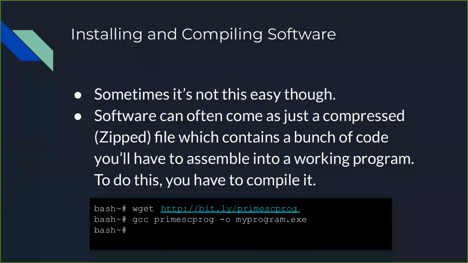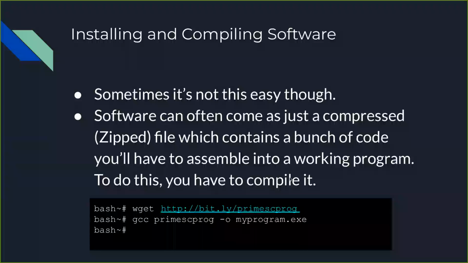Usually it'll come with a make file or some sort of configuration file. But you'll have to do some work to compile and assemble that program into a working program, and you'll have to do some work as a systems administrator to get it put in the right place, installed, and available for the users it needs to be available to.